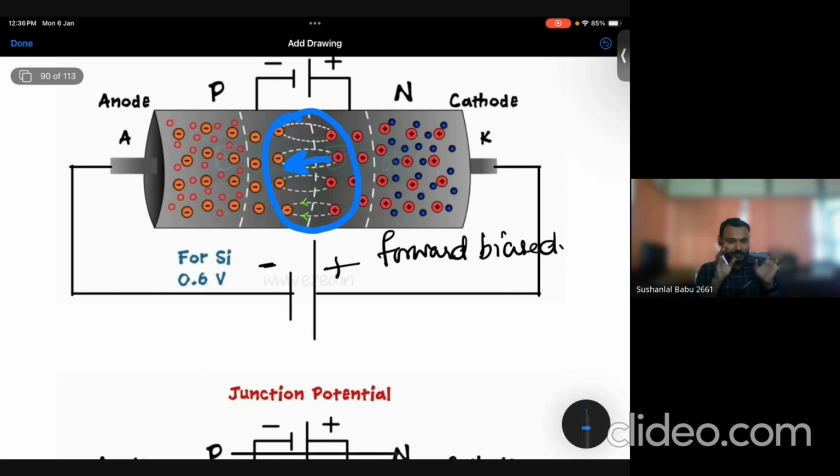For forward and reverse biased semiconductors, we have to use an external power supply. Forward biased means positive here and negative here. Positive will be connected to the cathode, and this will cause the electrons to flow in this direction.